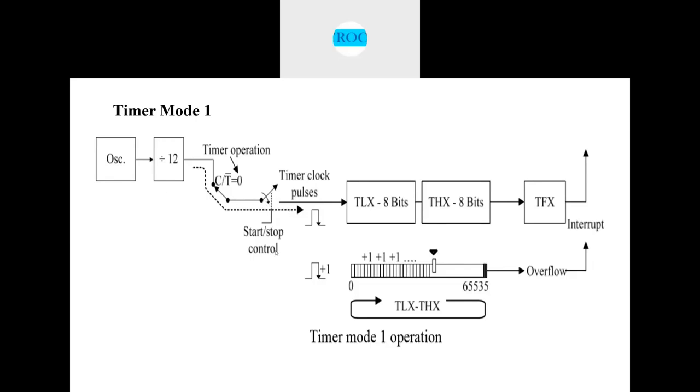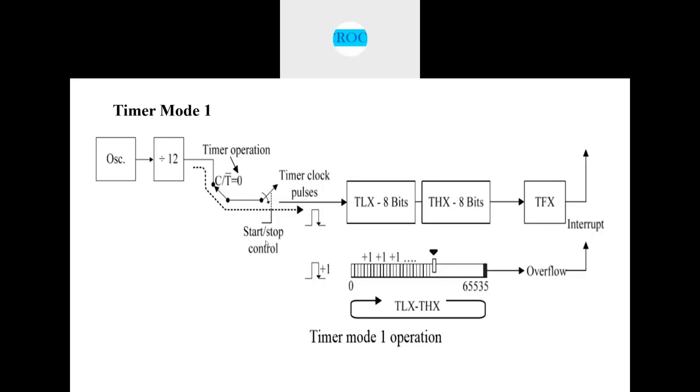And depending on start or stop control, it could be a software control or a hardware control. In software control, we have the TR bits. If the TR bit is set for that respective timer, the switch will be connected here.